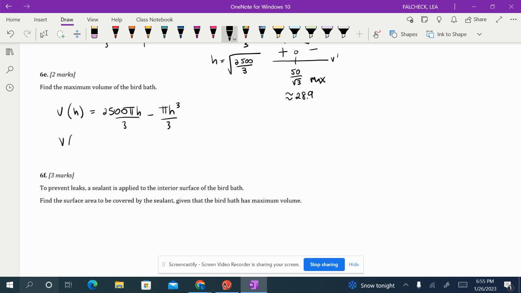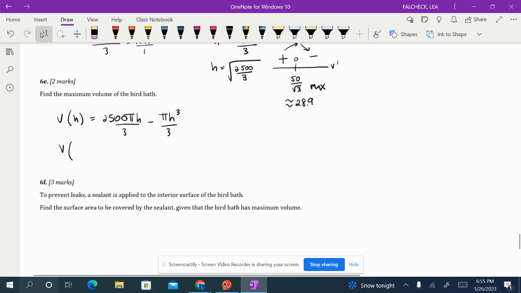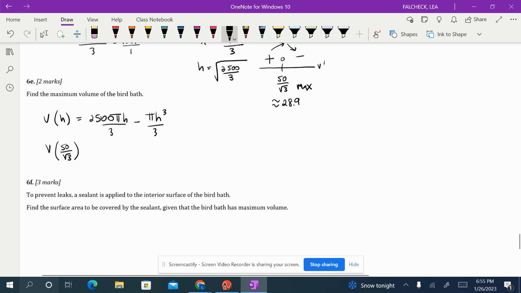So now we're going to substitute in that height that we found up here, the height where the volume is the maximum. And that was at 50 divided by the square root of 3. This is why I left this in unrationalized form, because I knew I was going to be cubing it and stuff. So I'm like, okay, I'm just going to leave it as a radical for now, and we'll see where we get.